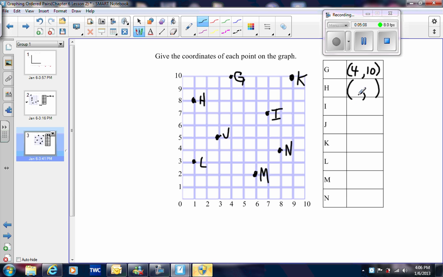All right, welcome back. Hope it went well getting all of these points labeled, all the coordinates. So the letter H, go over 1 and then up 8. So here's a 1, went over 1 and then up 8. I is over 7, up 7.